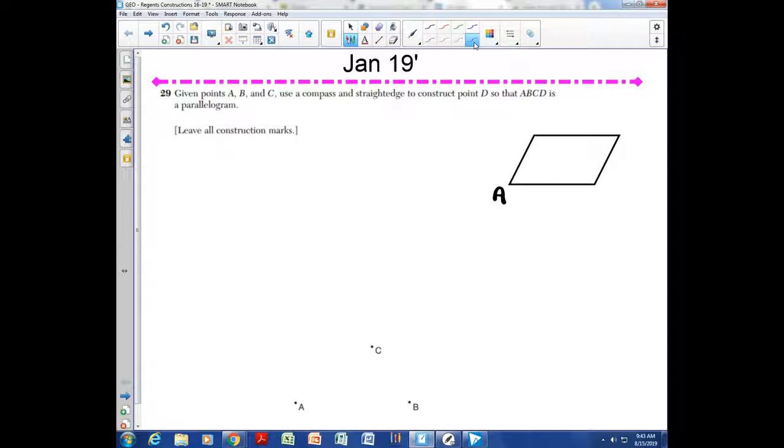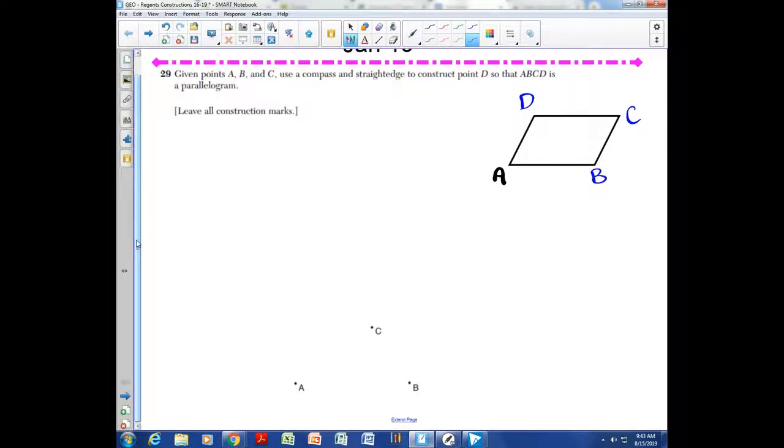So if we look down below, they have A over here and B over here and C over here, which means D needs to be up here between the A and the C. I can remember that some students, if you look down below, put the D over here in this area, and that would make it parallelogram ABDC.